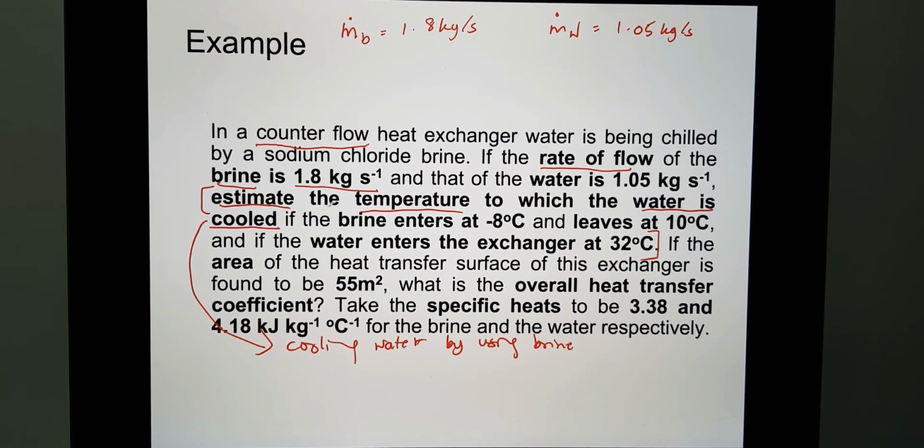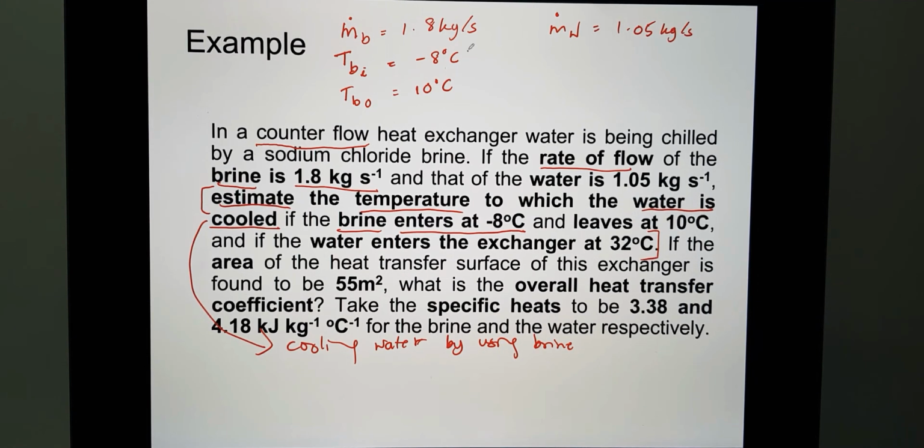So what you need to calculate is the temperature of water after it has been cooled. So what happened here? Brine enters at negative 8 degrees Celsius. So I have the temperature for brine: T brine in is negative 8 degrees Celsius. Then I have T brine out is 10 degrees Celsius.